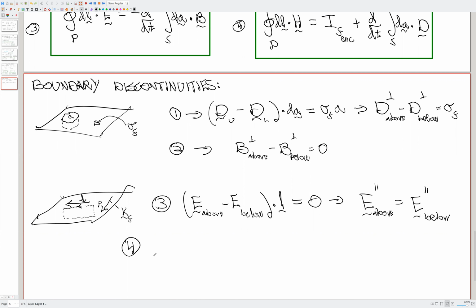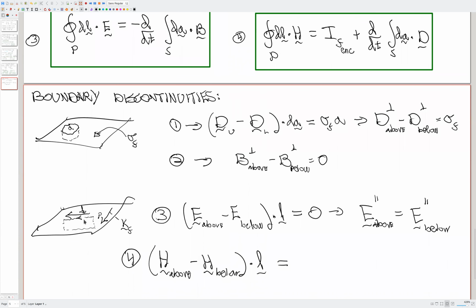So again, if I look at the fourth equation, I've got H above minus H below, dotted into L, and this now has to be equal to the enclosed free current.